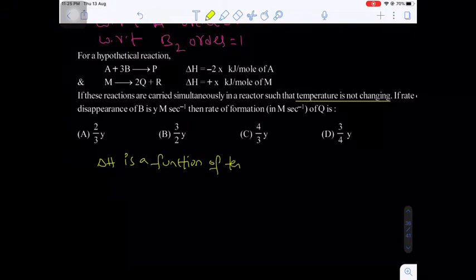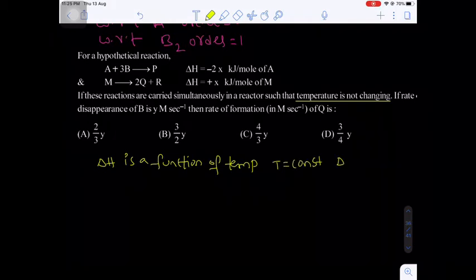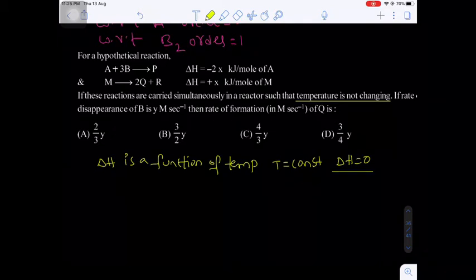Delta H is a function of temperature, which means here the delta H value does not change because temperature is constant. When the temperature is constant, the change in the delta H value is absolutely 0. That means if you add these two reactions, you will get the net delta H value become 0.